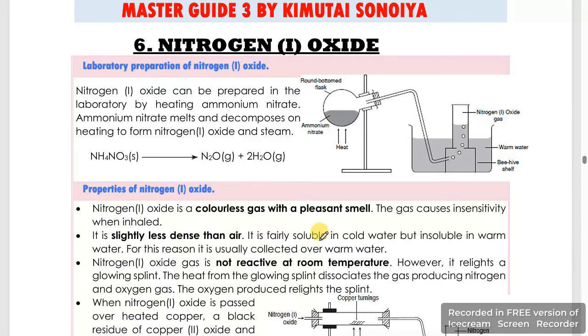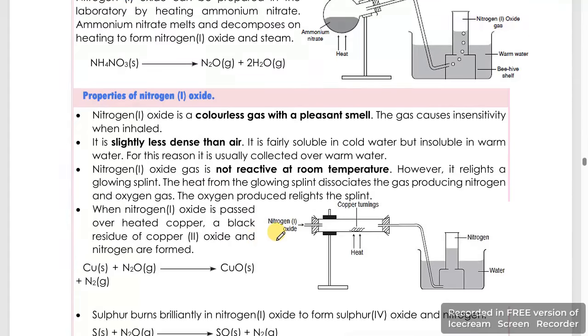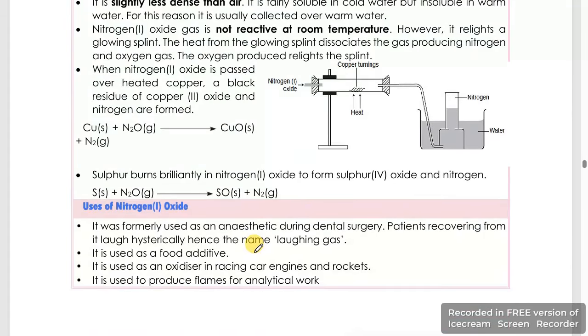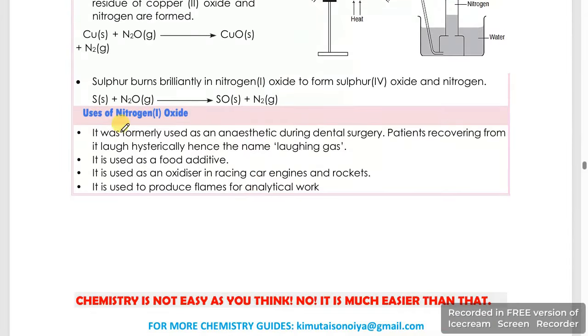It is fairly soluble in cold water, but insoluble in warm water. So if you collect in cold water, it will dissolve in that water. But in warm water, it is almost insoluble. Uses of nitrogen 1 oxide, please master two or one.